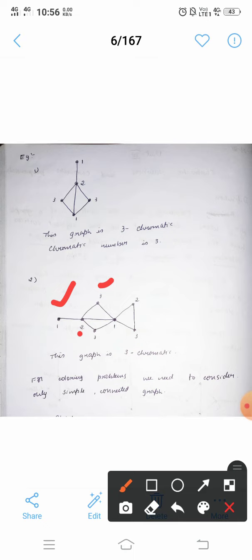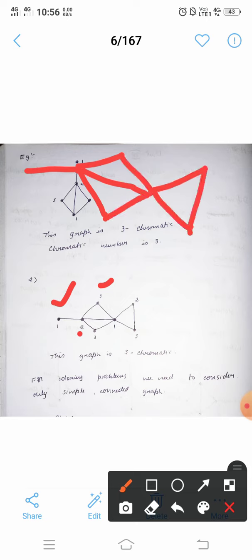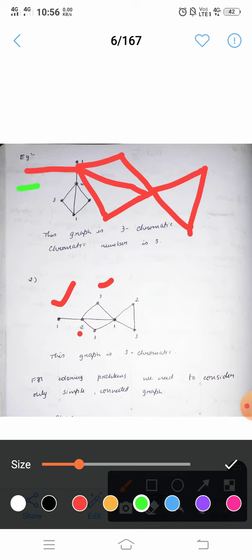One more I'm drawing. We'll paint here. I'm painting with color 1, 2, and one more here. I am painting with color 1 itself. What happens, we'll see.